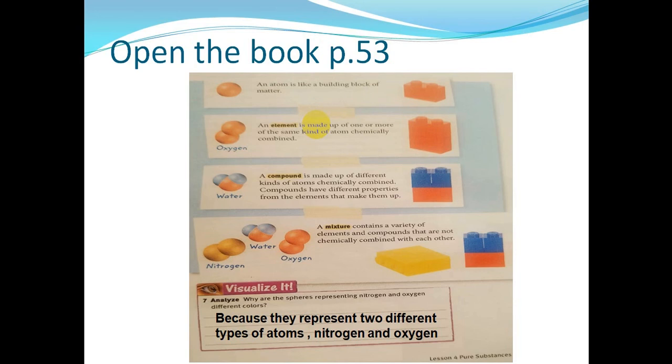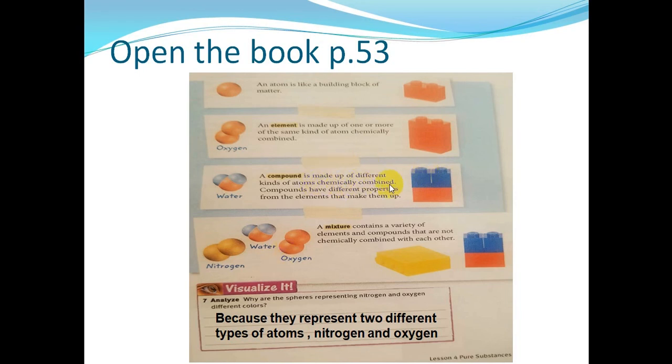But in compounds, a compound is made up of different kinds of atoms. As we see here, we have two blue atoms, and they represent hydrogen atoms, and we have one atom of oxygen. When two or more different atoms are joined together by a chemical bond, in this case we call it a compound. Like here we have one red block and two blue blocks. When they are connected together, this is what chemically combined means.